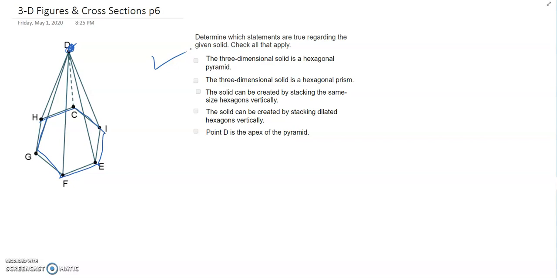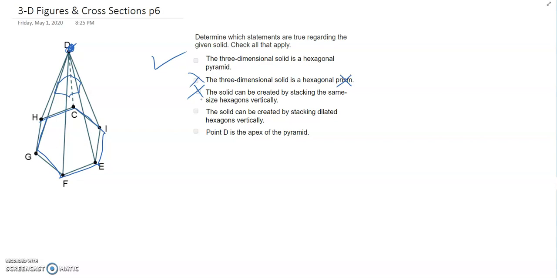The next one, the three-dimensional solid is a hexagonal prism. Well, it's only got one base, so it's not a prism, so I know it's not going to be that one. The next one, solid can be created by stacking the same size hexagons. No, each one of these hexagons should be getting smaller and smaller, a similar version, so it's not going to be that one. If you stack the same size hexagons, you get a prism.